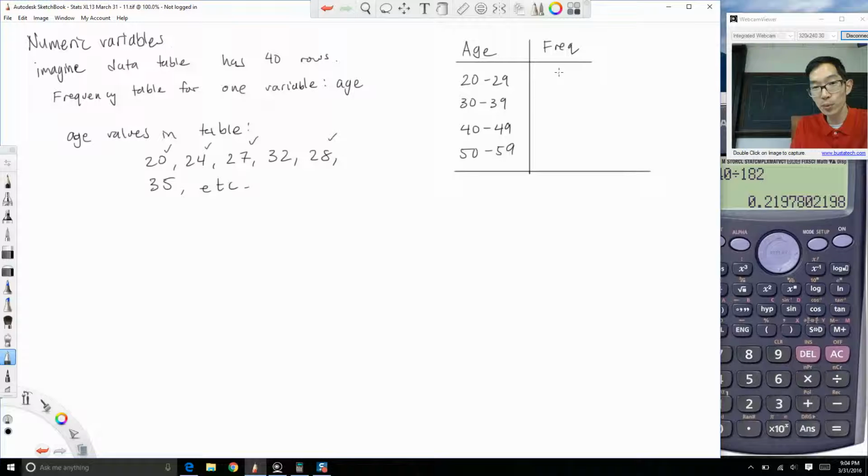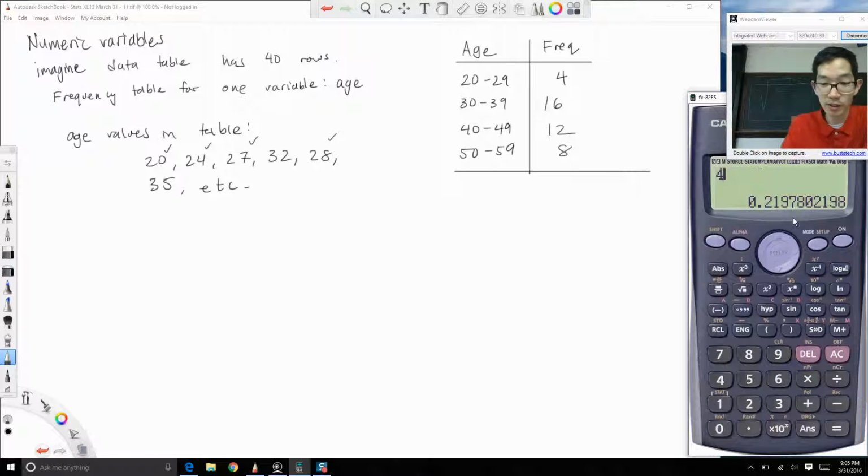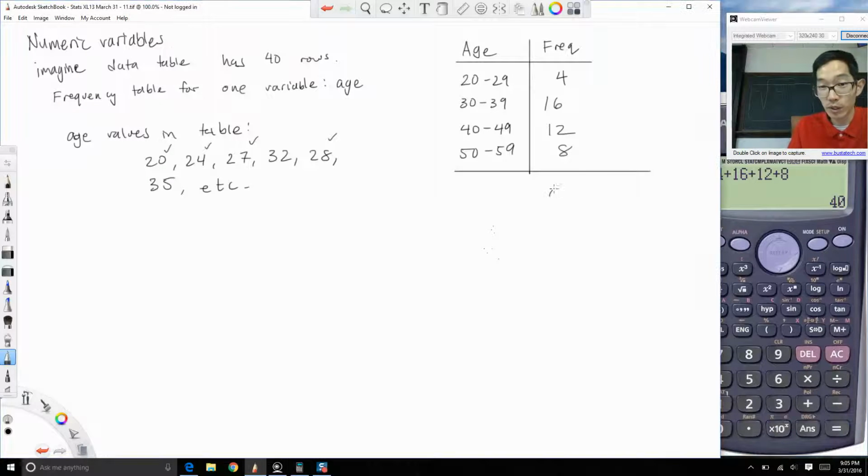I have 4 people in the 20 to 29 age range here, okay? And then maybe you go through and you have 16 and 12, and somehow this has to add up. Does it add up to 40? I don't know, whatever. 4 plus 16 plus 12 plus 8, I think. Yeah, okay. So now we have a total of 40 people here, okay?